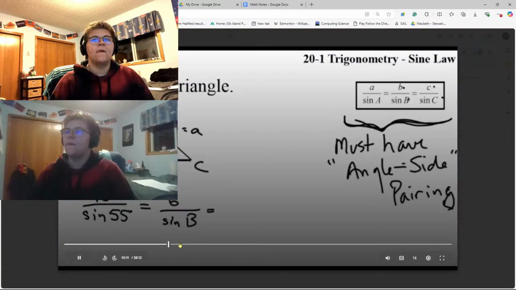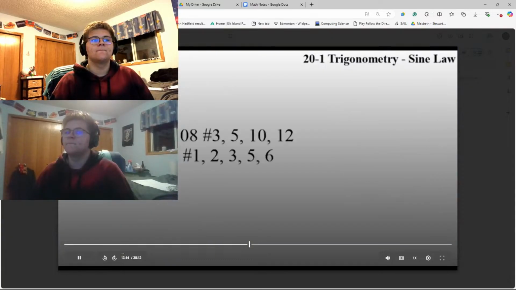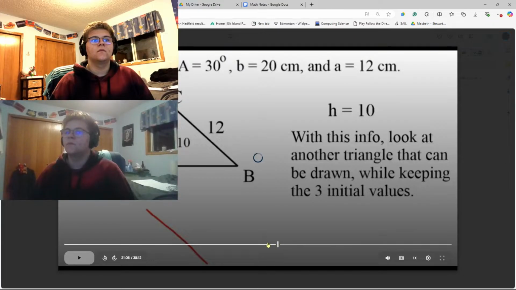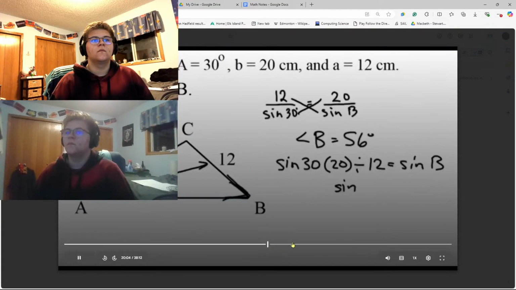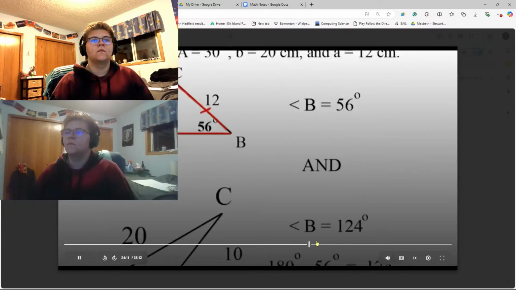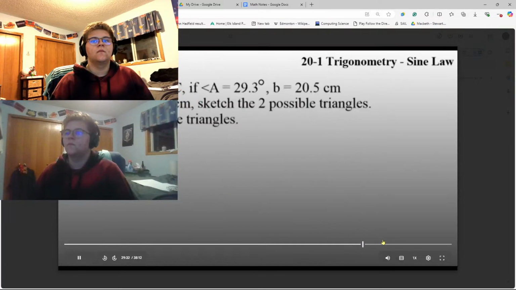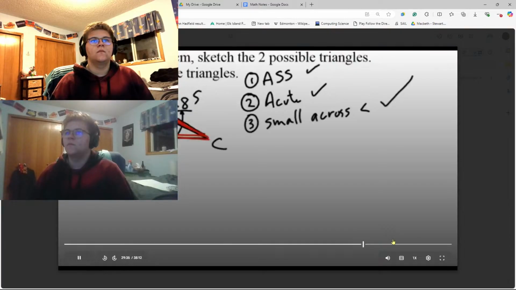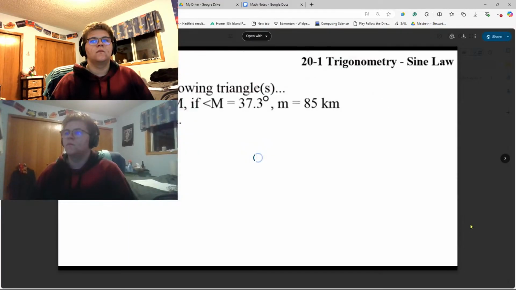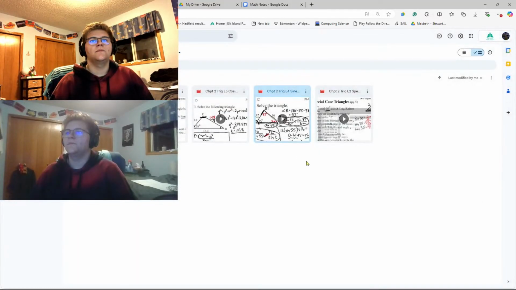And then we have the sine law. Take notes and see what we have. That's how I always approach it.